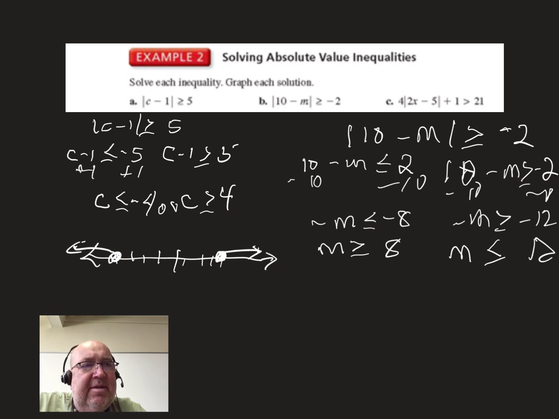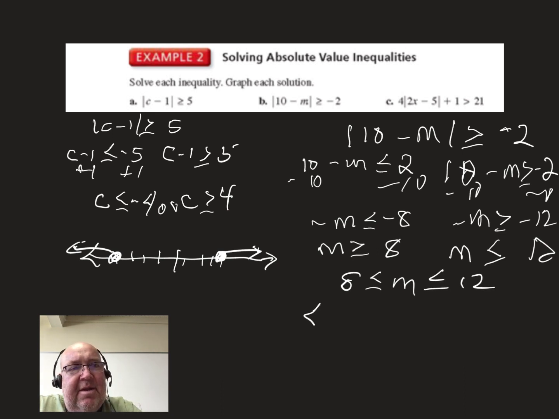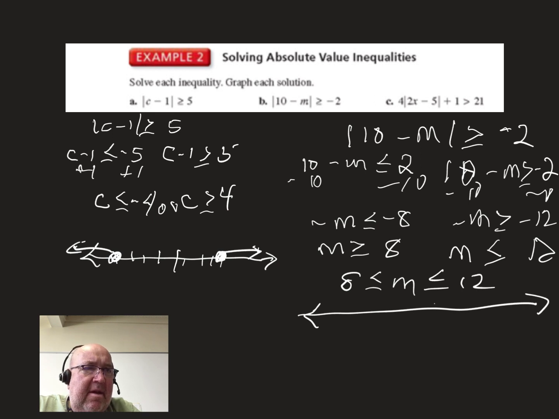Alright, so I can rewrite this. 8 is less than or equal to m, and m is less than or equal to 12. On the number line, 8, 12, closed circle, and it's in between.